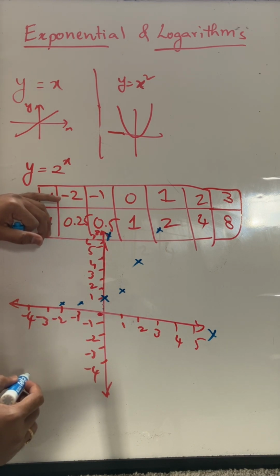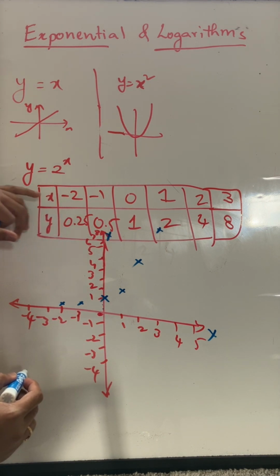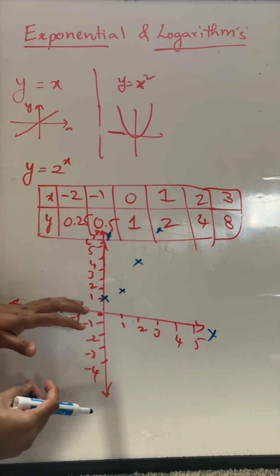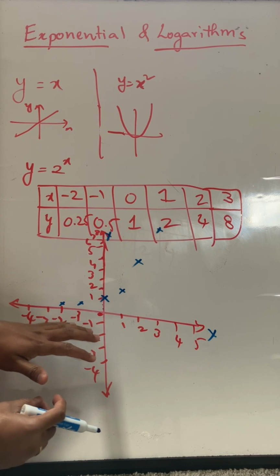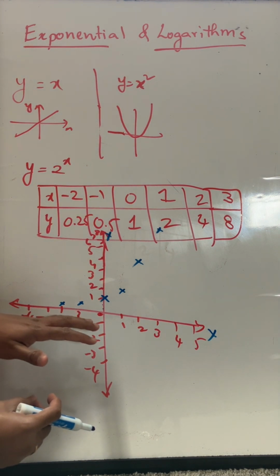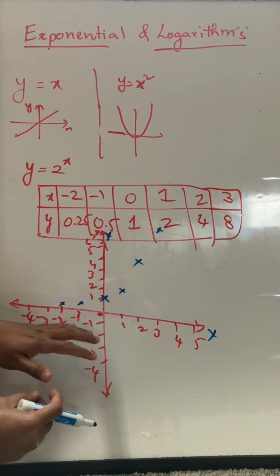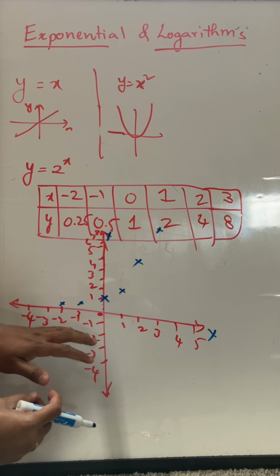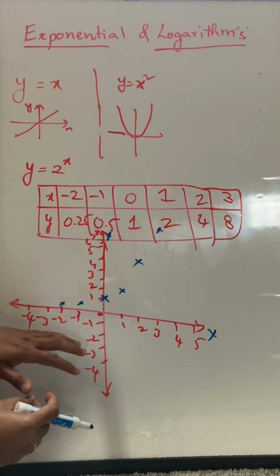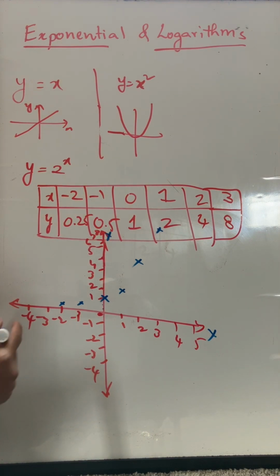So as x goes on the negative side, the value is decreasing. Minus 1 is greater than minus 2, right? When x decreases in the negatives, y never goes negative.